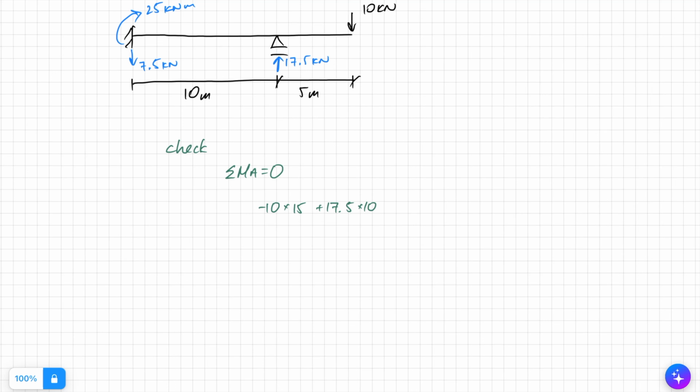That is the reaction at B. And then we have minus 25. That is the concentrated moment at A. And all of that does add up to 0. So it's a good check just to make sure that we're on the right track and we've solved correctly. And that is us. We have found all the reactions for this beam using the stiffness method.